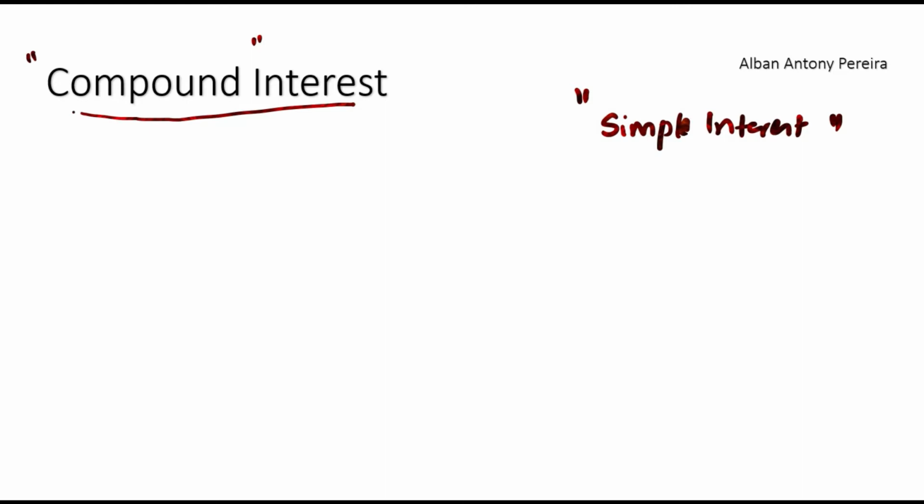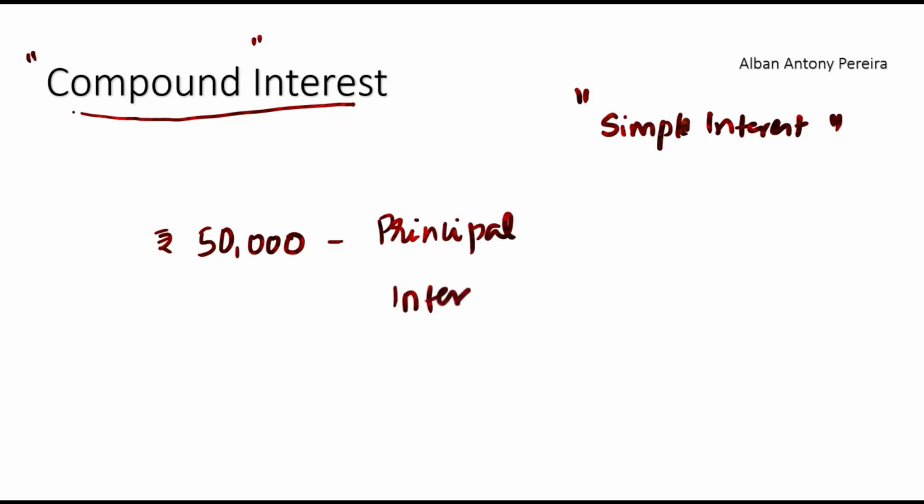Okay, so simple interest, let me give you an example. 50,000 rupees is the principal amount and interest rate is 7% for 2 years. 2 years is the time.